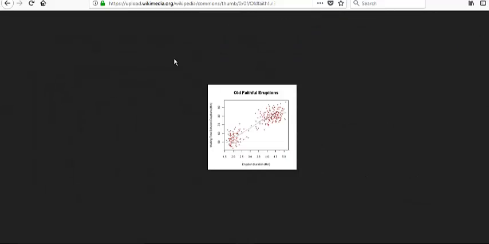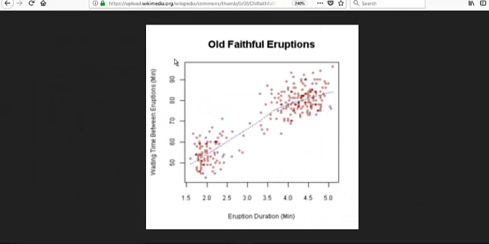Oh, there we go. So we have eruption times in minutes versus waiting time between eruptions. Yeah, so in this case, you would think the longer it is between eruptions, the more chance that the energy would build up, so that a subsequent eruption is a bigger eruption. Okay, that's the general idea.